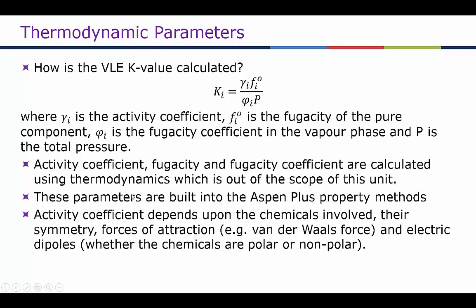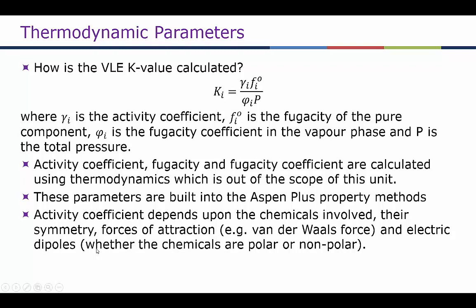In Aspen, these parameters are built into the property method. So in addition to the equation of state, there are activity coefficients which are built into the property method, and therefore we need to choose the right property method depending upon the components we have. The activity coefficient depends upon the chemicals involved and their symmetry, their force of attraction, like van der Waals forces, and their electric dipoles.